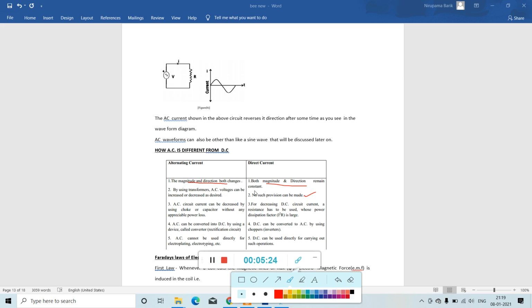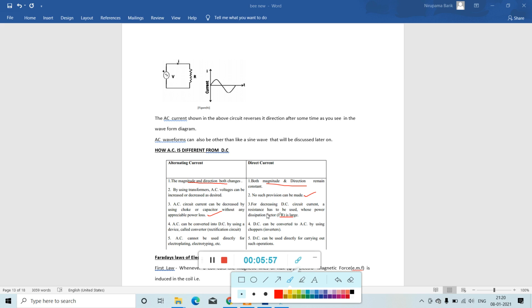So we can't increase or decrease the DC voltage, but we can increase or decrease the AC voltage by using a transformer. AC circuit current can be decreased by using a choke or capacitor without any appreciable power loss. For decreasing DC circuit current, a resistance has to be used whose power dissipation factor is large, that is I square R is large.